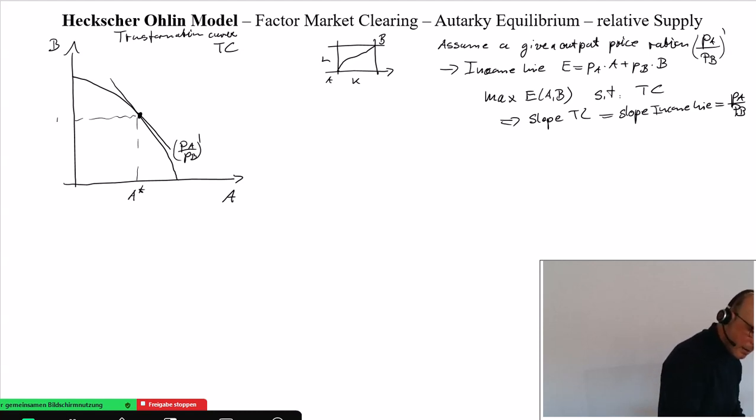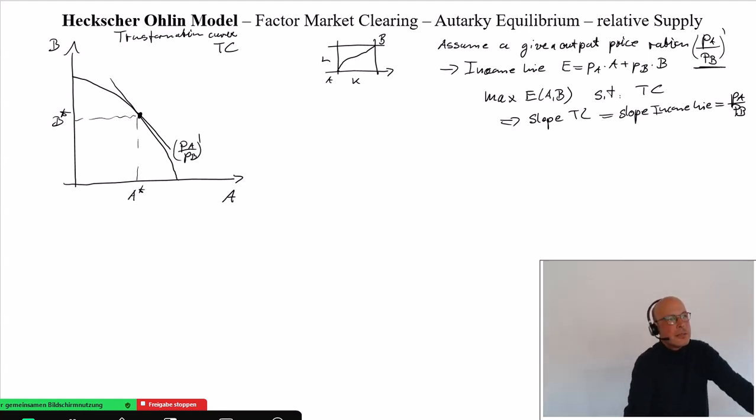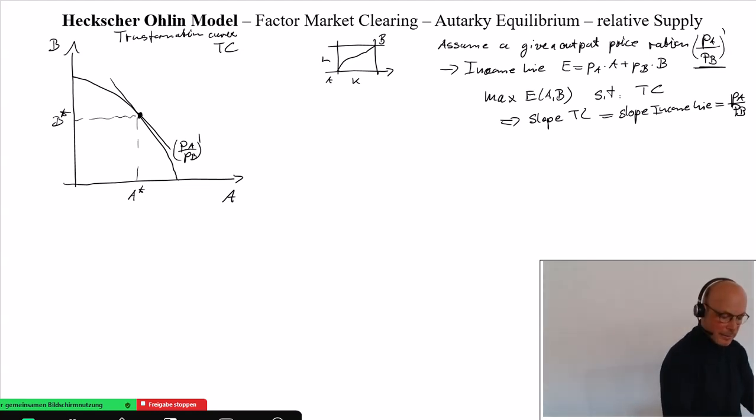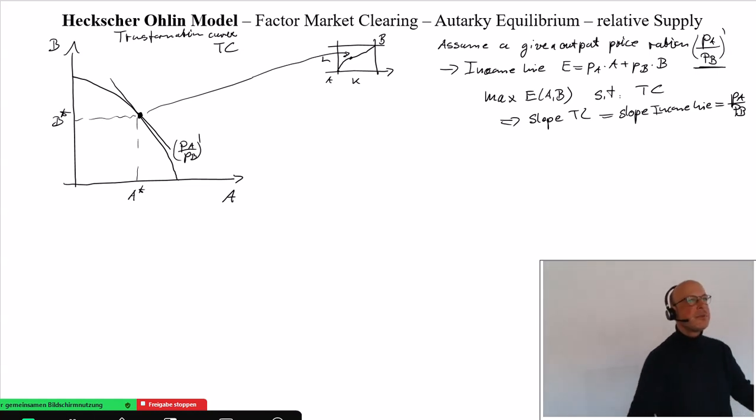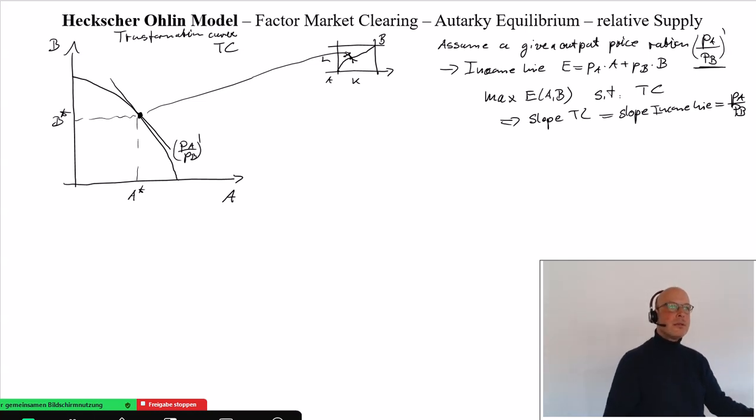This is our optimal production point given some price ratio. How do we produce this? Well, maybe this point represents in our Edgeworth box this point on the contract curve. In the contract curve, we knew that both isoquants have to have the same slope, but what else has to be the same?